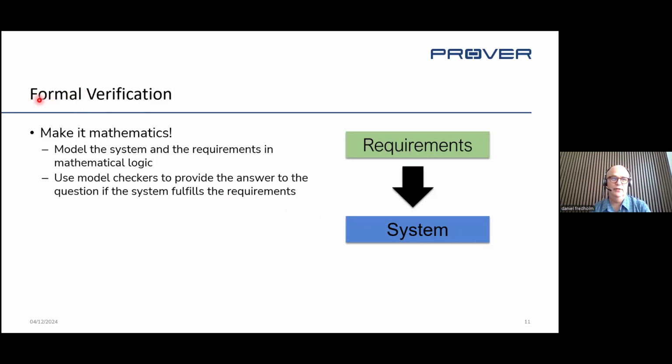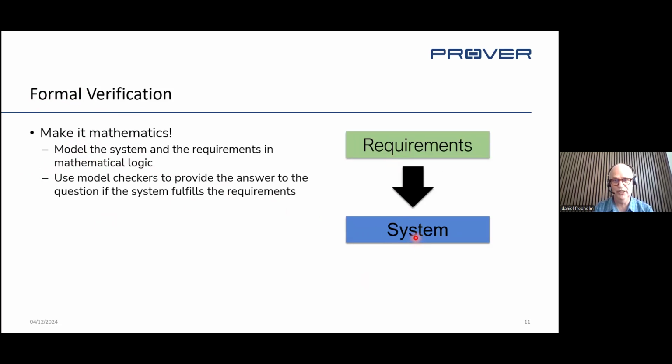Which means that you can start to contemplate or apply formal verification to do your verification. And in order to do formal verification, at least in the sense that I'm talking about it, what I mean is that we take the verification problem, whether the system fulfills the requirement, and turn that into a mathematical problem.